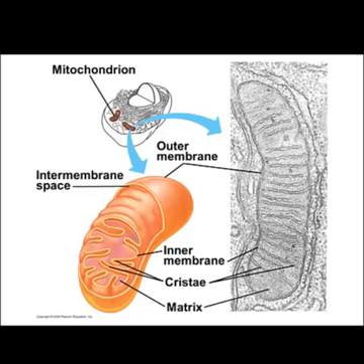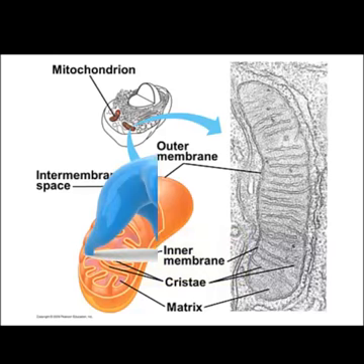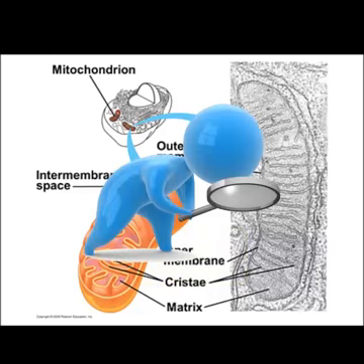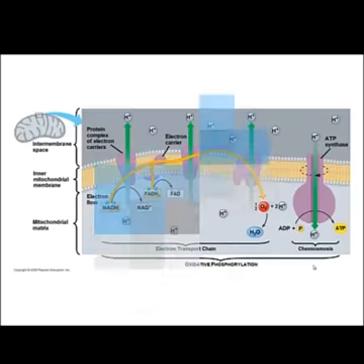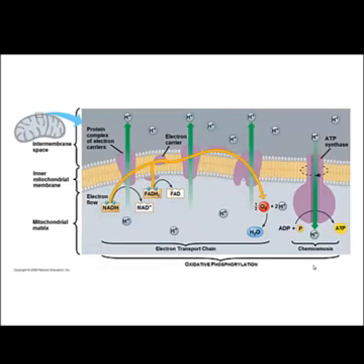And then we have the folds of the inner mitochondrial membrane themselves. And it's this inner membrane that we want to focus in on. So let's use the little magnifier to focus in on that inner membrane, and it should look like this if we were magnifying it. And we should see that in the inner membrane, there are a series of proteins that are distributed here. Those are the purple blobs.